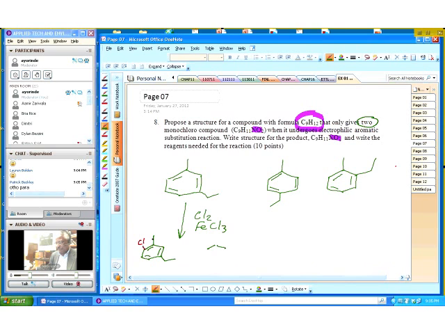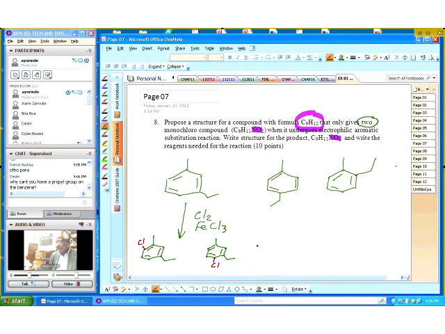Or it could be this, because that would be para to this, para to this and ortho to this. That is a possibility, right? Those 2 products could be formed.